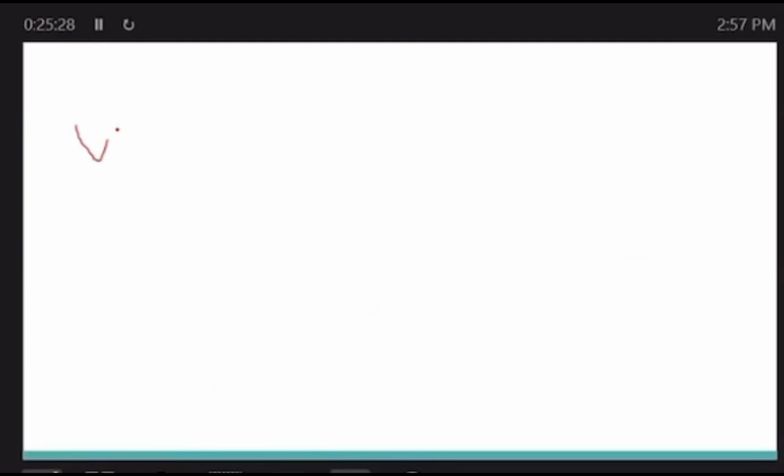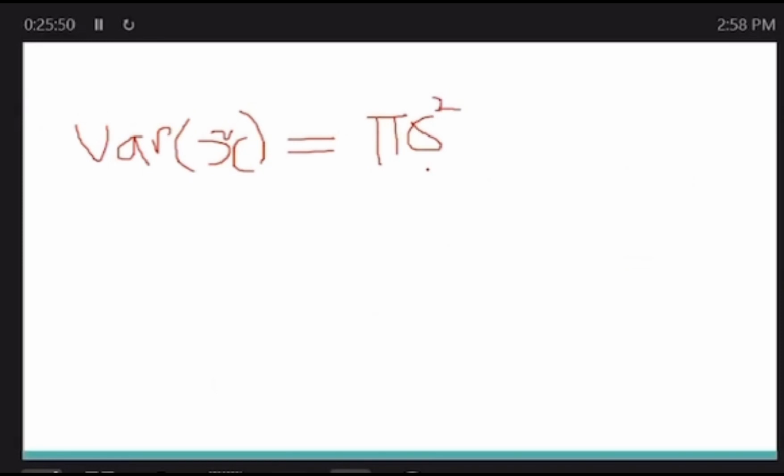The final answer, the variance of the sample median, by the time you plug that in and simplify algebraically, is going to be pi sigma squared divided by 4m.